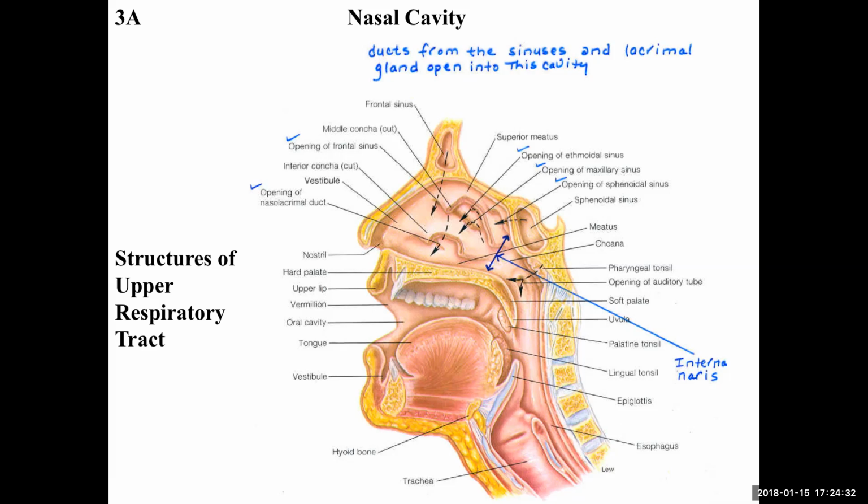Now, the shelves that we spoke about, the conchae, as well as the entire nasal cavity itself, are lined by olfactory epithelium, which is a mucous membrane with goblet cells that secrete mucus, which is for moistening the air and also trapping the dust particles.